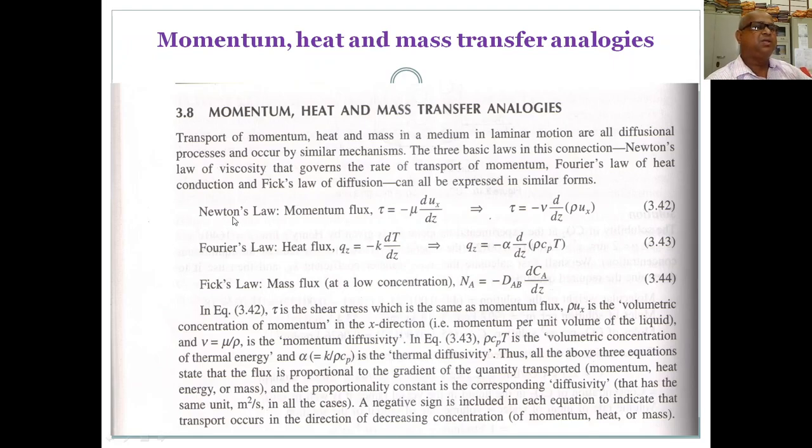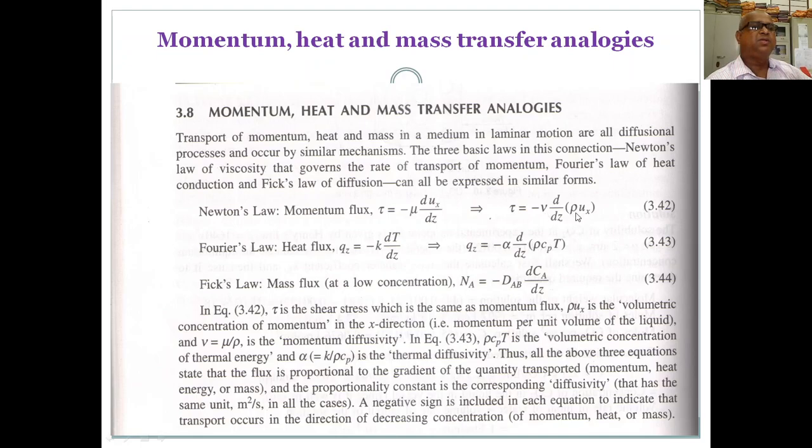How? Let's take Newton's law for momentum flux, tau, the force per unit area, the shear stress, that is equal to minus mu into du x by dz. Now if you divide by rho and multiply by rho, it will be d of rho u x, and mu by rho is nu, the kinematic viscosity, or it is called momentum diffusivity.